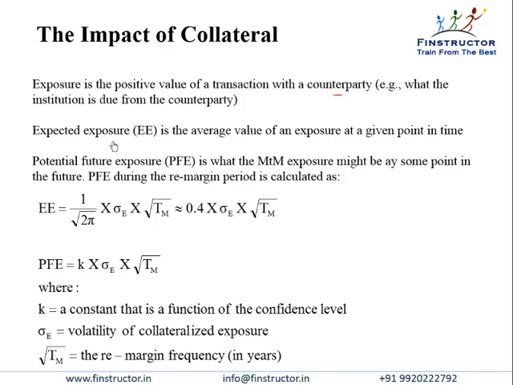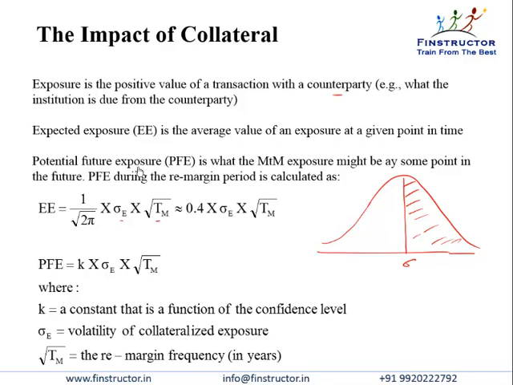We studied in credit exposure that if we assume that the underlying, or our instrument, follows a normal distribution, then the expected exposure would be the expected value of the positive side of the curve. With the normal distribution assumption, this will come out to be 1 over square root of 2 pi into the standard deviation of the exposure, or the standard deviation of this distribution, into the square root of t.